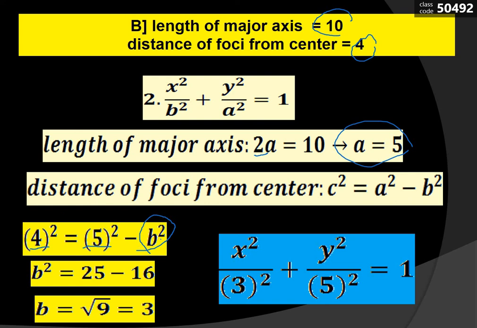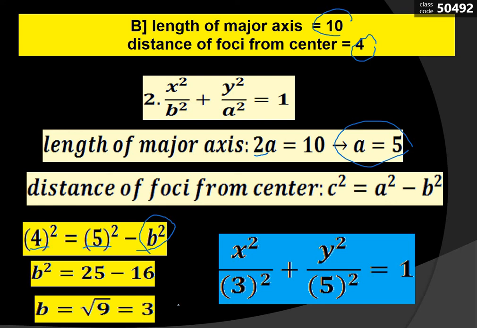Transpose negative b squared to the left, so it will become positive, and the 4 squared to the right, so it will be 5 squared, 25, minus 4 squared, equals 16. To simplify, we have 25 minus 16 is 9, but that is b squared. So we need to solve for b, so we have the square root of 9.